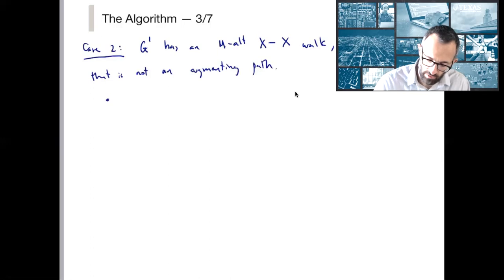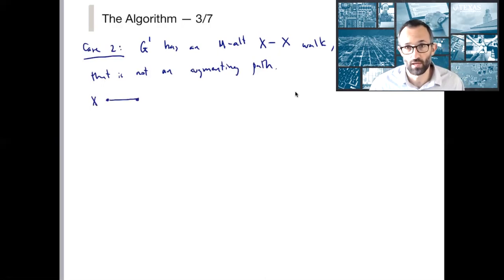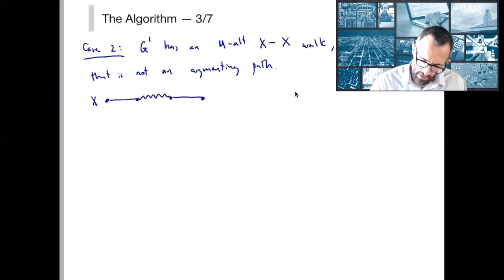That can only happen if we start with an edge in X. We first go with one of the allowable edges that's not in M. Otherwise, the vertex would not be in X. So something like this is not allowed. This would be something more like case one.